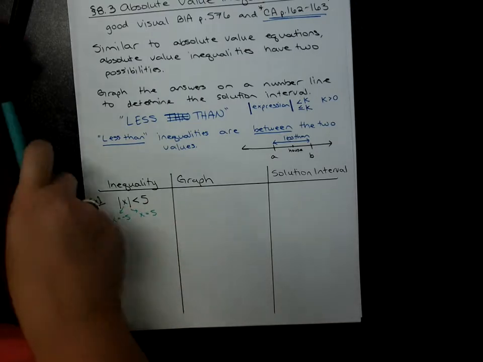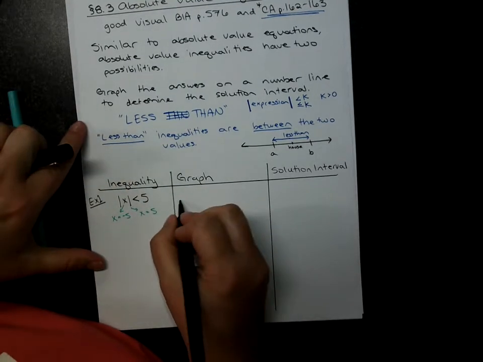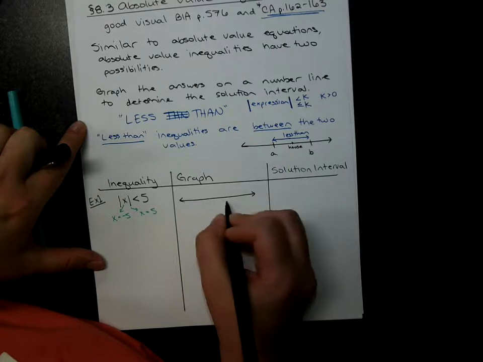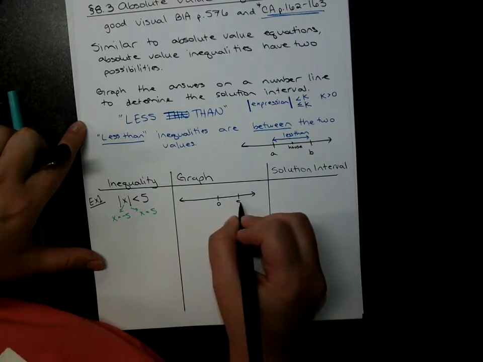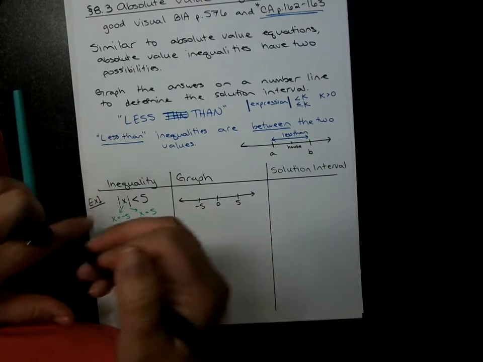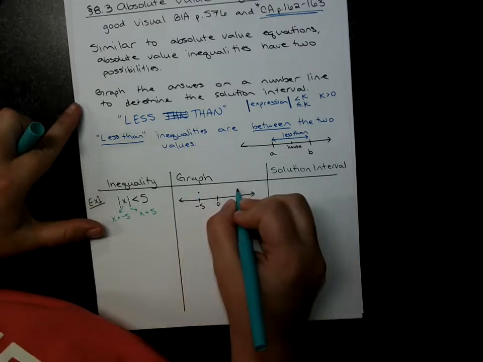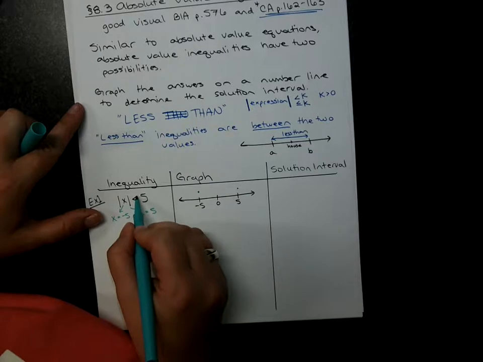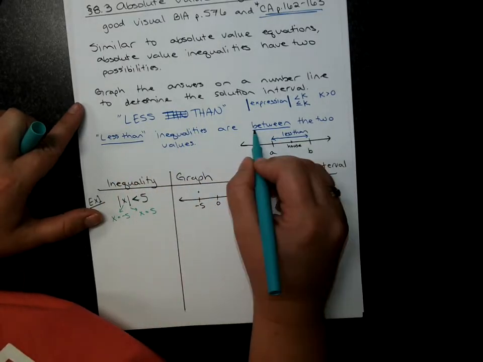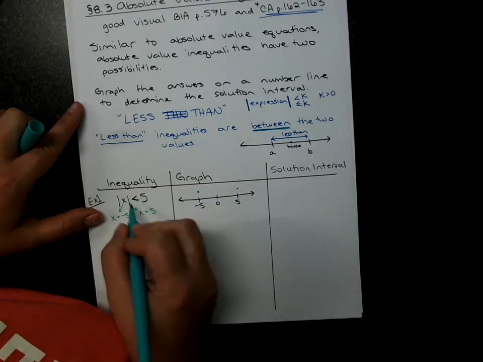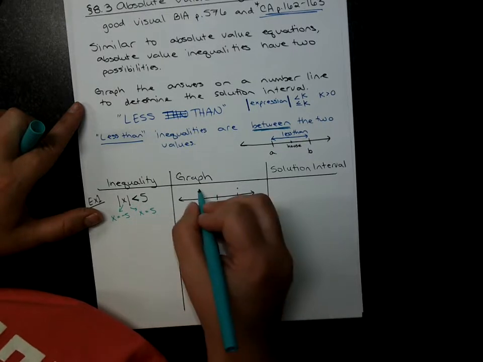On the graph, we're going to graph the two spots. So we have 0 in the middle, 5 over here, -5 over here. Those are our two boundary points. And we know that less than is between those 2 points. Because there's no line underneath, we're going to use parentheses.